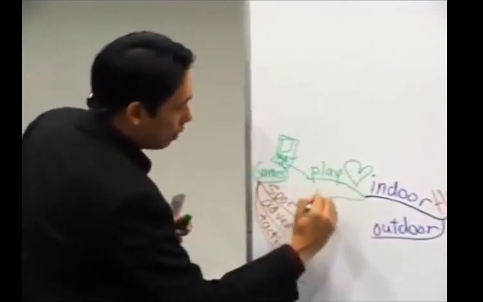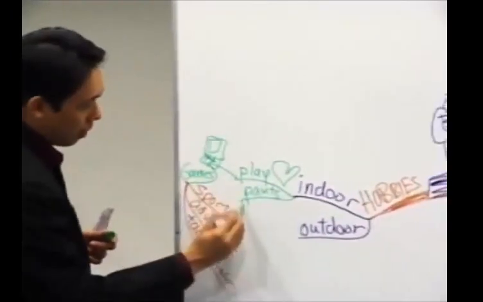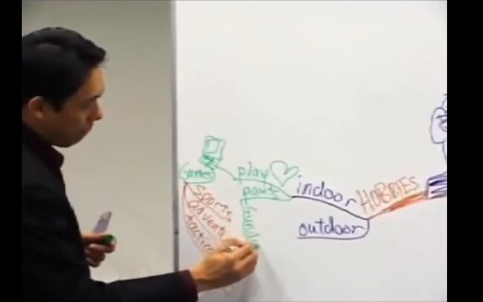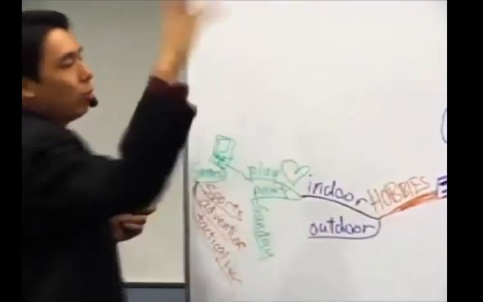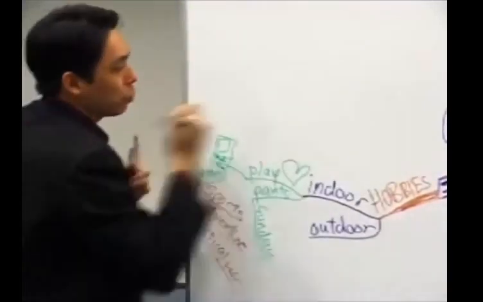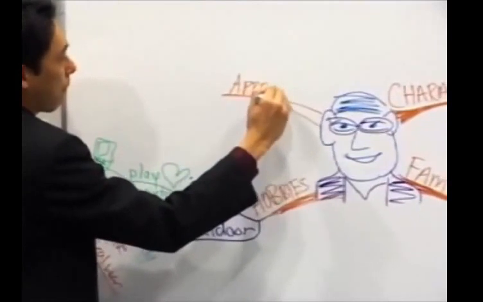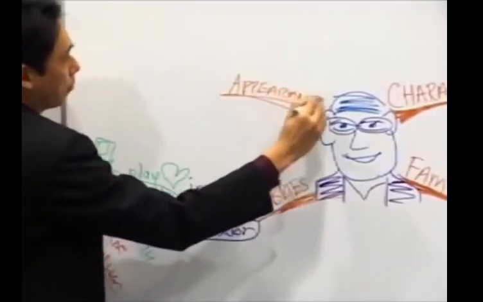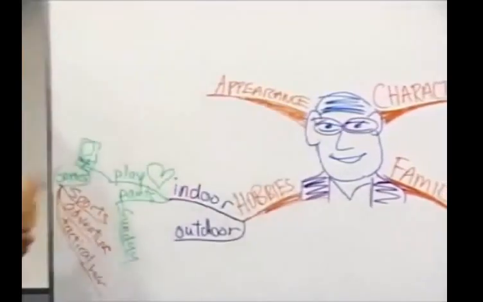So paints every Sunday. So again, notice we're branching from right to left. So again, once you finish this whole section, you move on to the next part and put on the next subheading, which could be maybe his appearance, what he looks like. Alright, and you continue the process.